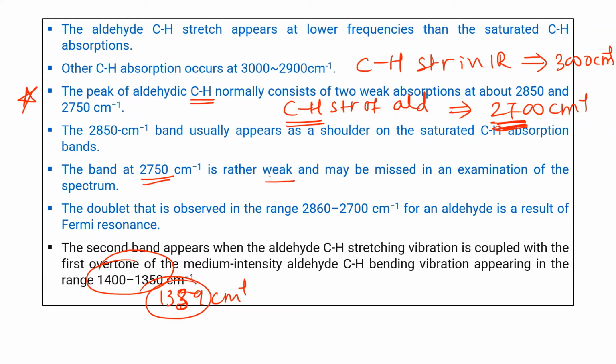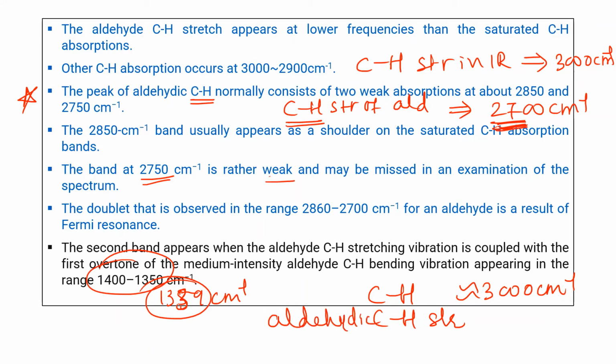So what you will remember here: the CH stretching of all other groups appears around 3000 centimeter inverse, but the CH stretching of aldehyde appears around 2700 centimeter inverse as two weak absorption bands.